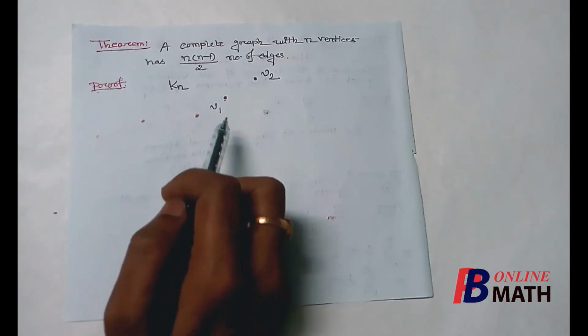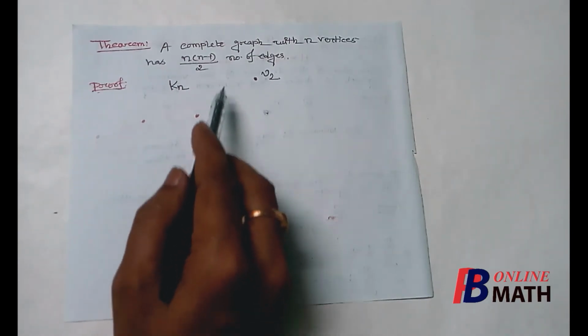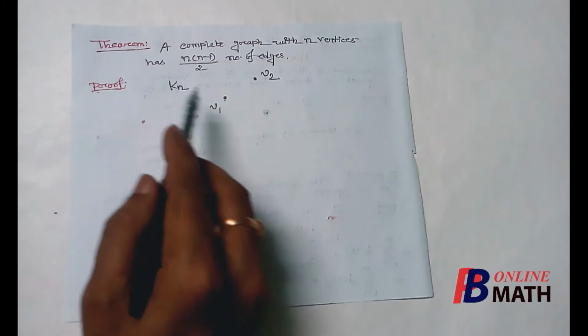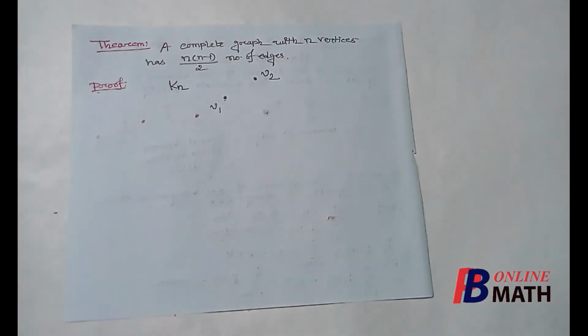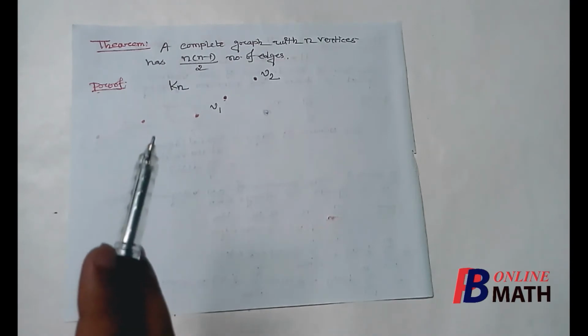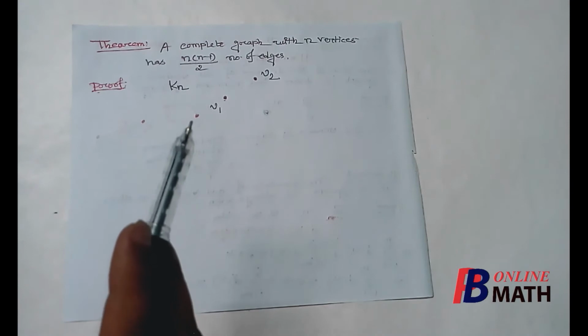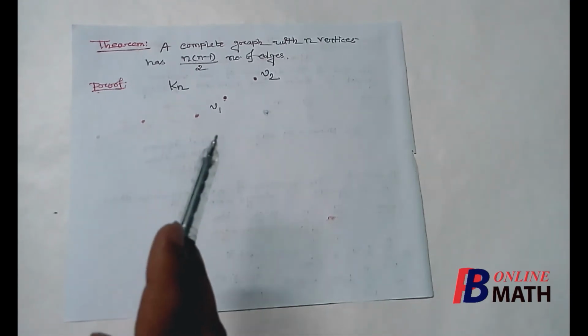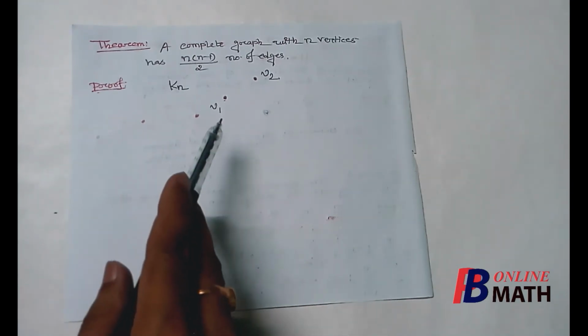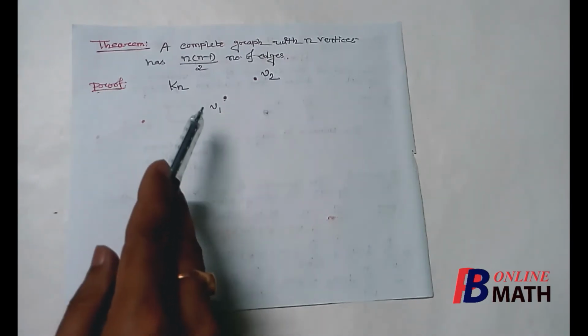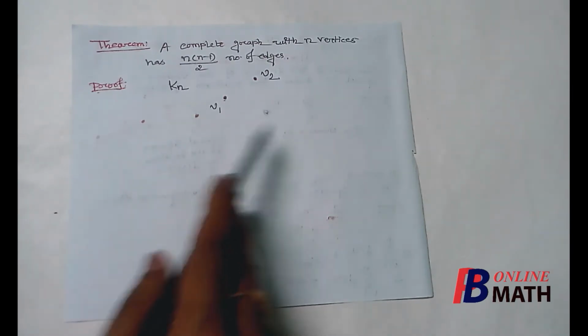Similarly, we can prove that the degree of any vertex of this graph Kn is n minus 1. In an alternative way, if a graph is complete, then we know that the graph is regular. So each vertex of Kn has the same degree. Therefore, the degree of each vertex of Kn is the same, which is n minus 1.